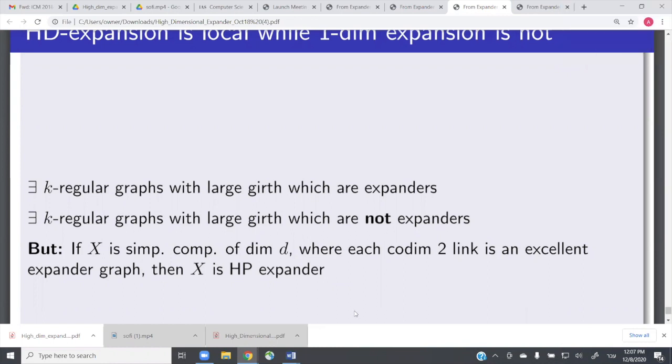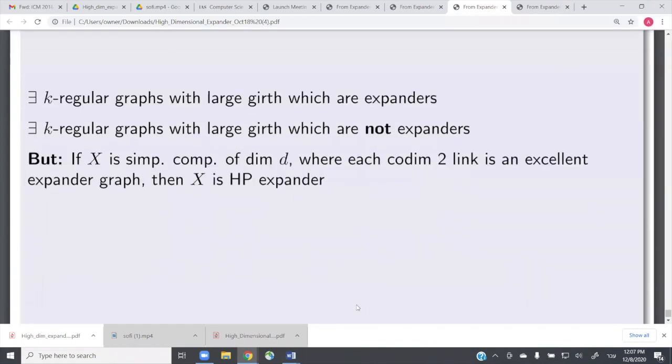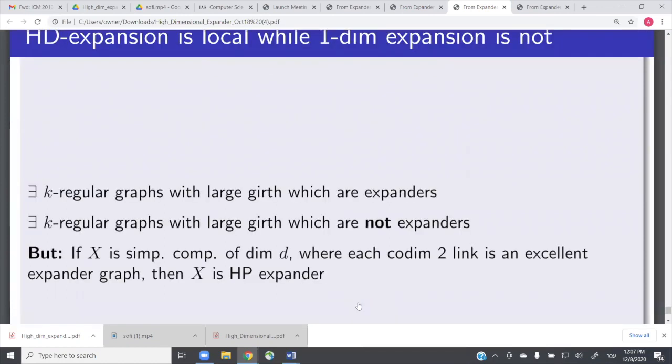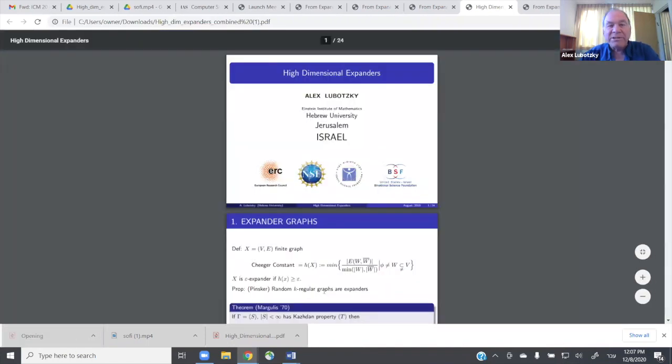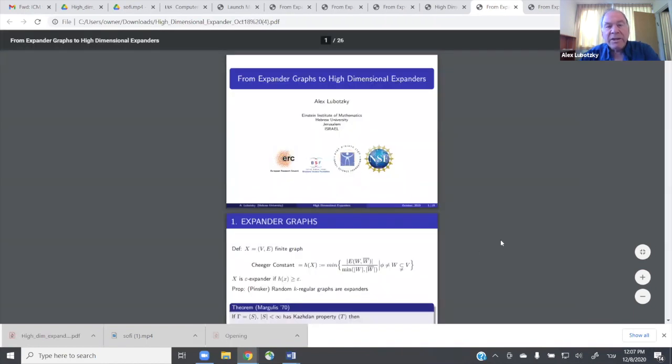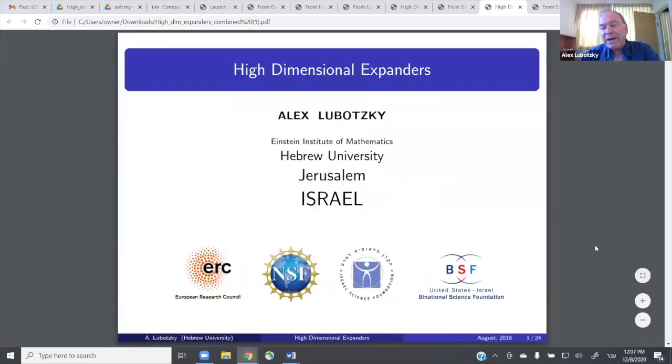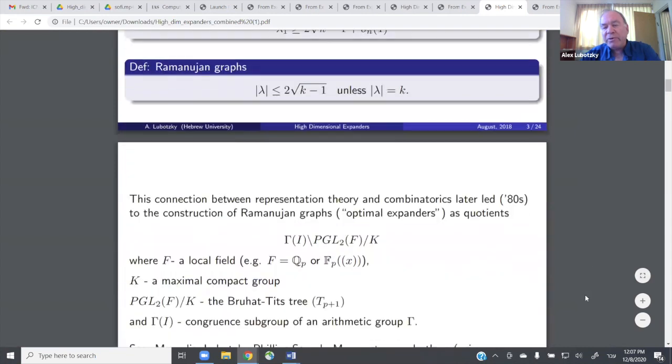Another question: here, high-dimensional expander, in what sense is it high-dimensional expander? In topological, in... Well, I tell you the truth, the only graphs which I really understand are the Ramanujan ones. And we work on the Ramanujan ones.